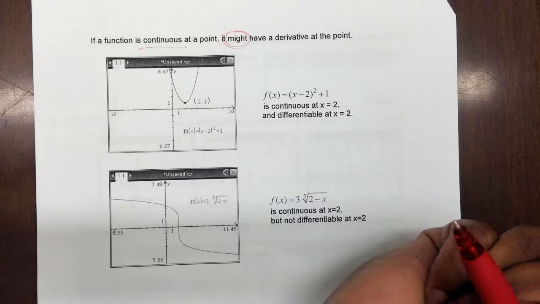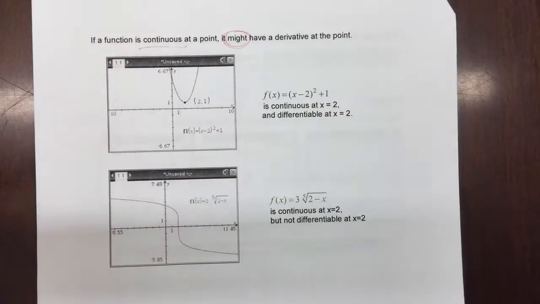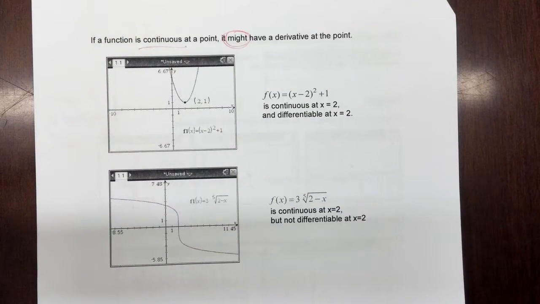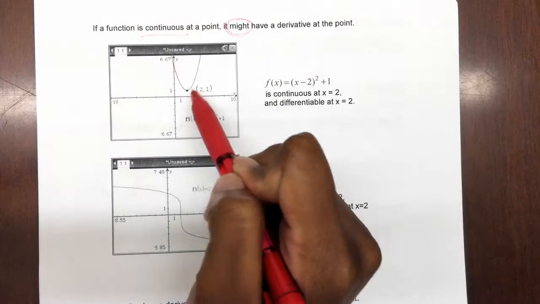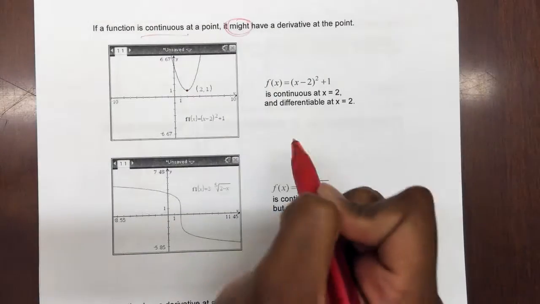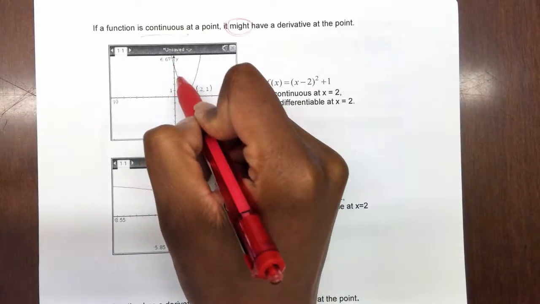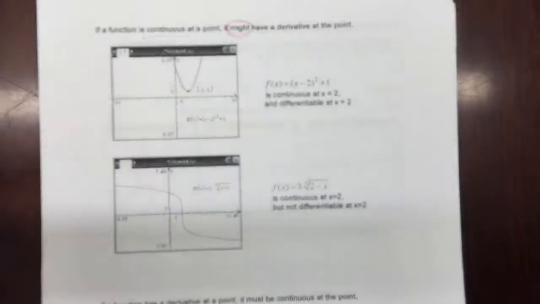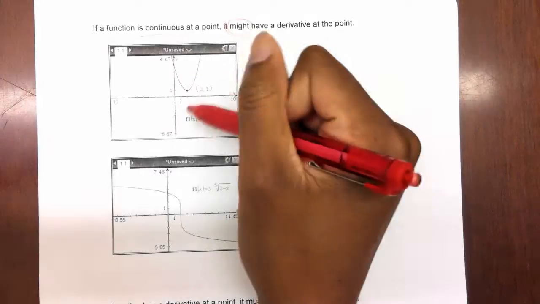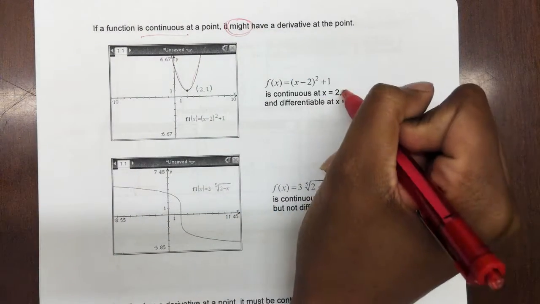If it's not continuous, it absolutely does not have a derivative. But if it is continuous, it might have a derivative. So if we look at our first graph, this graph is continuous at x equals 2. We do not have to lift our pen. The limit from the left is equal to the limit from the right. There's no discontinuity in there, so it is continuous at x equals 2.